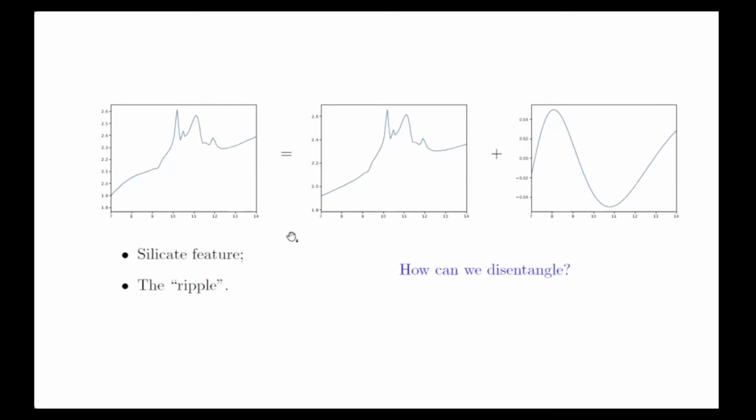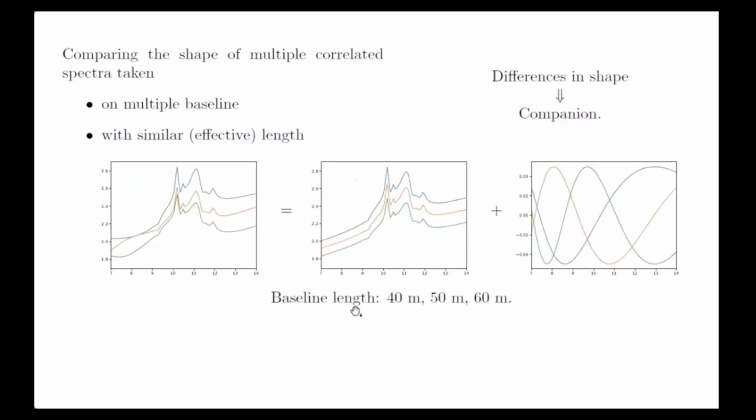And now the question is, how can we disentangle these two parts? So the method we propose is this. We could compare the shape of the multiple correlated spectra taken for one object. If the baseline lengths are not too different from each other, then the silicate feature from the primary is expected to have a similar shape, like this.